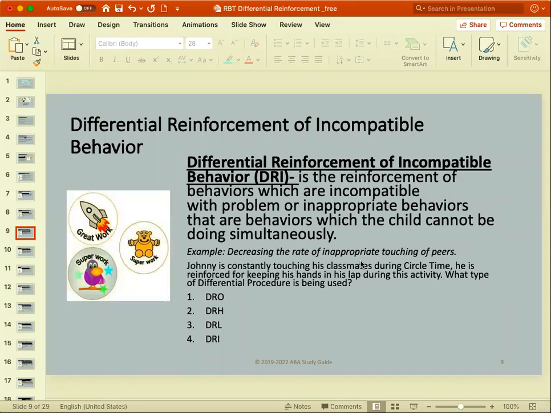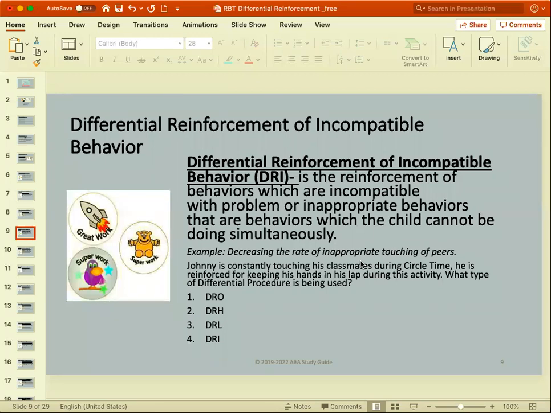Can anybody give me another example of a DRI that you've used? I find that these are not used as much, but they can be very, very effective. Example here is going to be Johnny is constantly touching his classmates during circle time. So we know that kid, his hands are wandering. It's maybe attention seeking. It's maybe he's engaging in some self-stimulatory behavior and he ends up touching other kids because he's doing what he's doing.